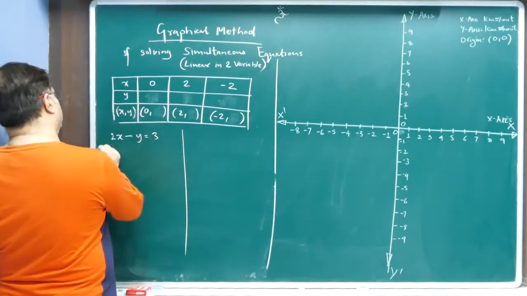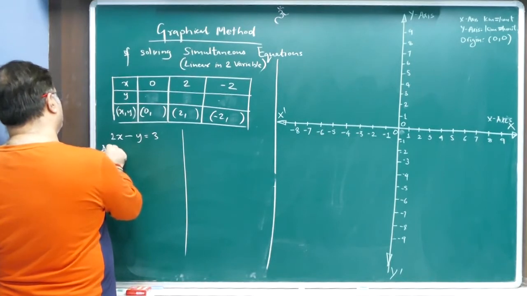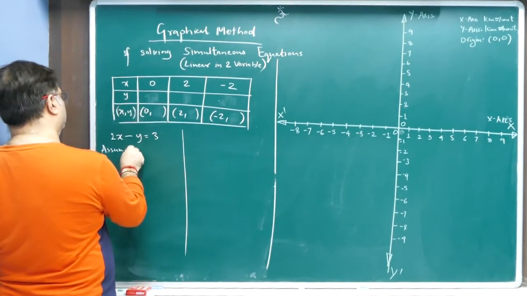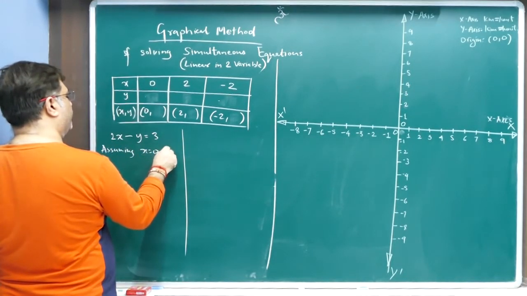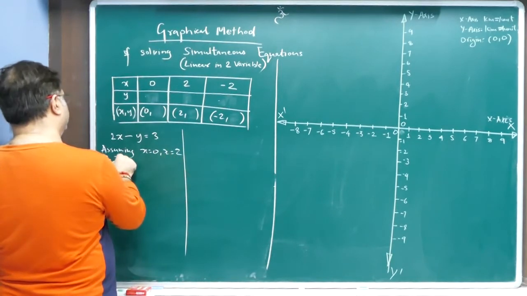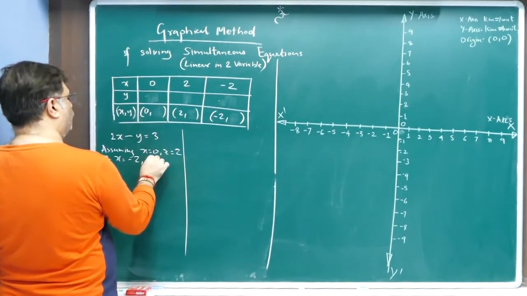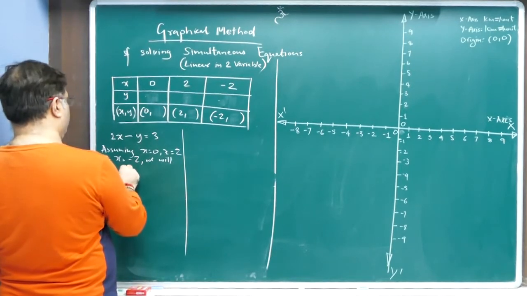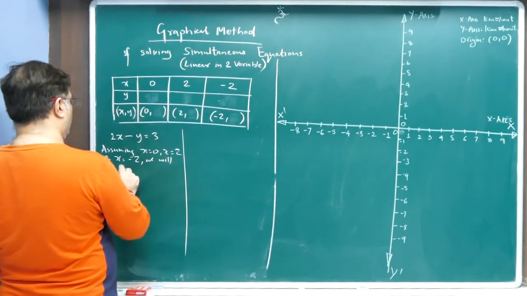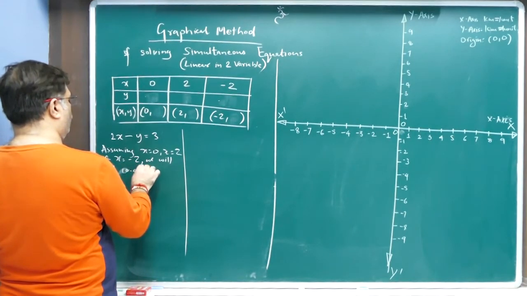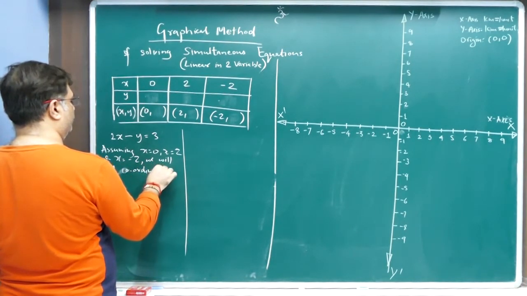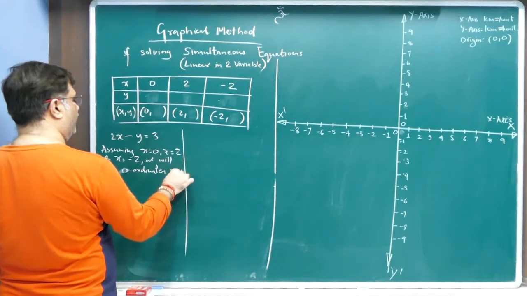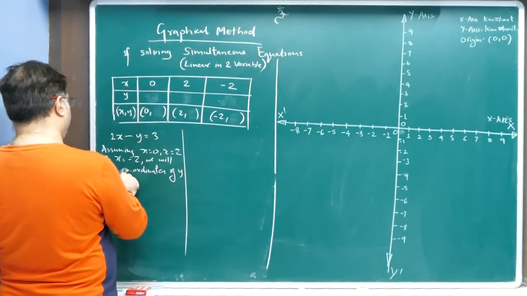So we will again assume x equal to 0, x equal to 2 and x equal to minus 2, and find the value of y accordingly.